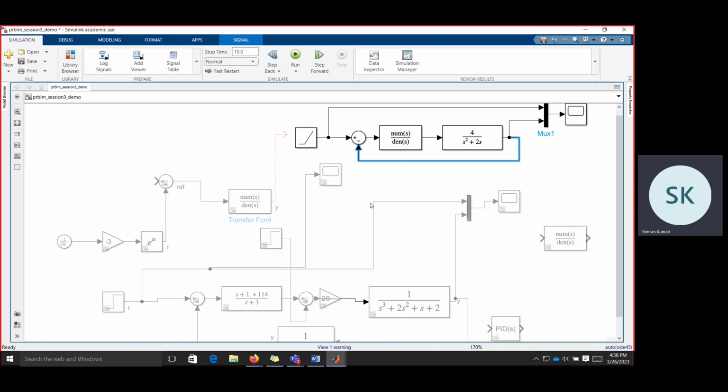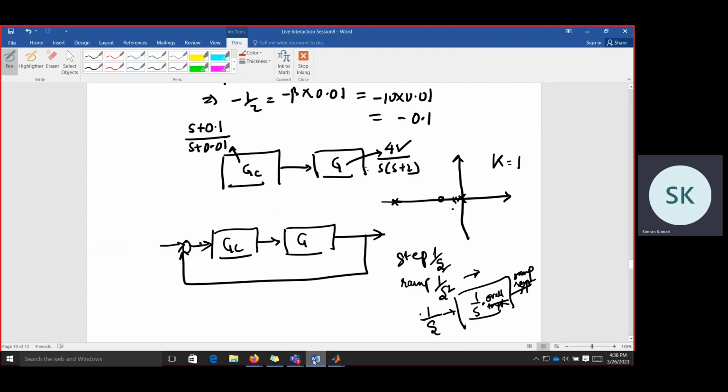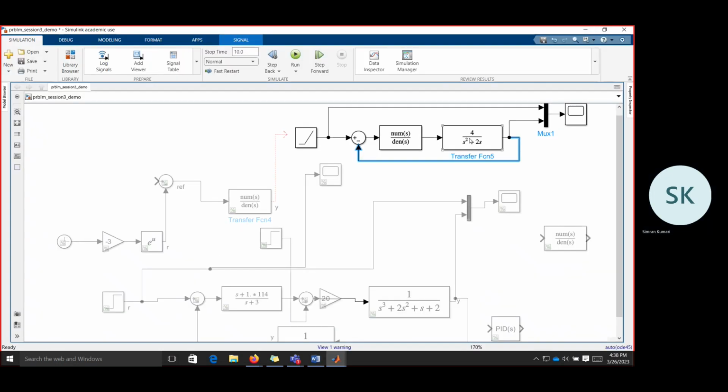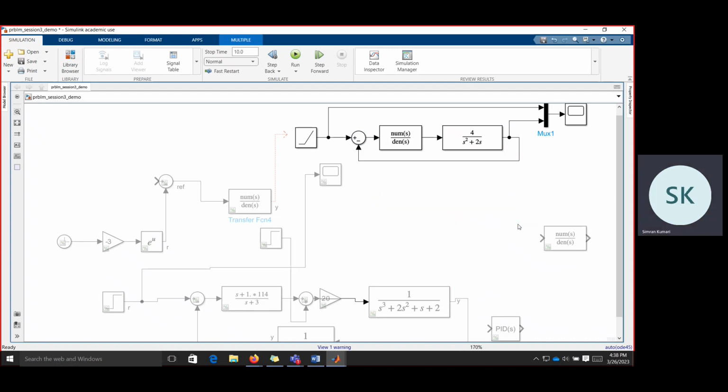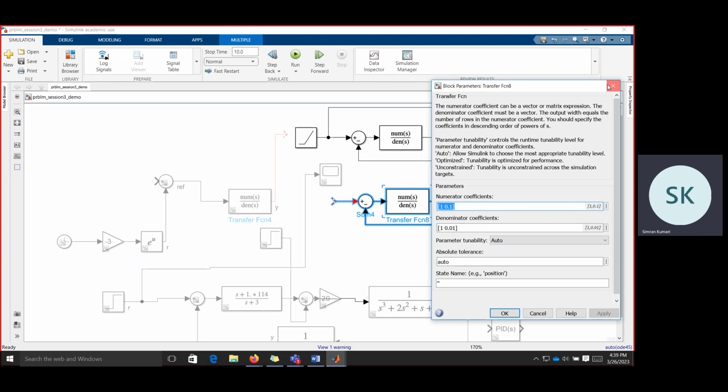Now we were expecting that with respect to this uncompensated system, basically with this gain modified, we'll have less error in this compensated system. So we'll just compare that one. What we have, this system, delete it, then we have this one, and this one is simply 1.